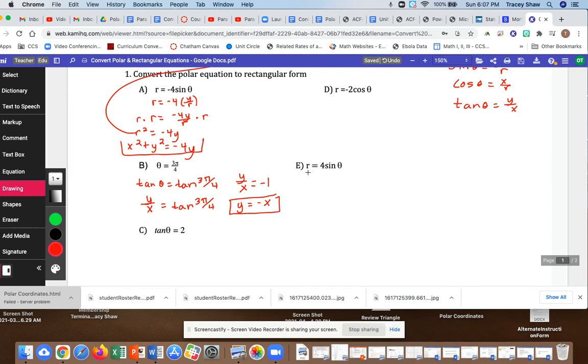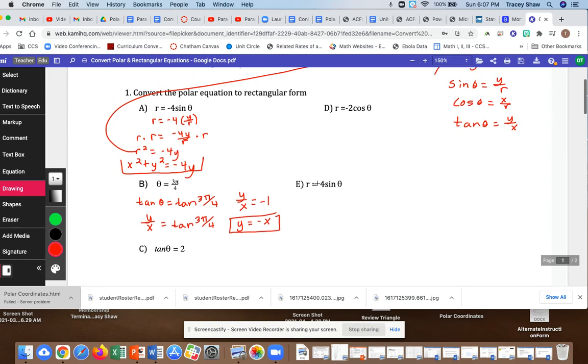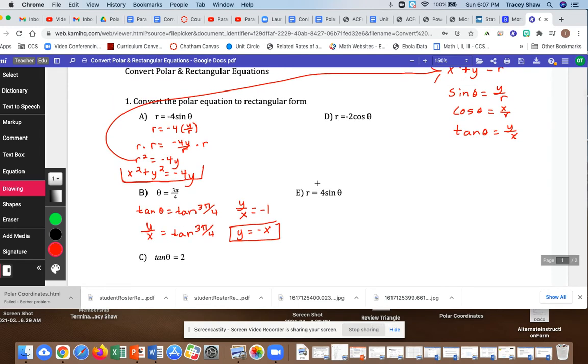So E is r equals 4 sine of theta. And this is going to be really similar to the one before. I know in A, I know that sine of theta is y over r. R is equal to 4y over r.